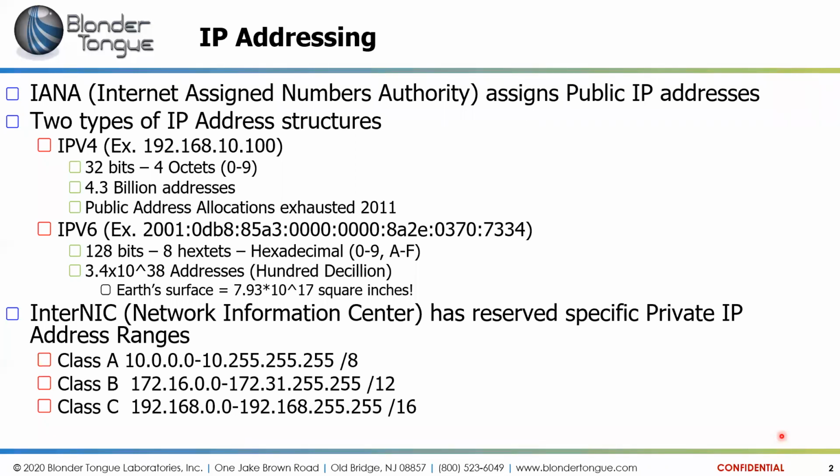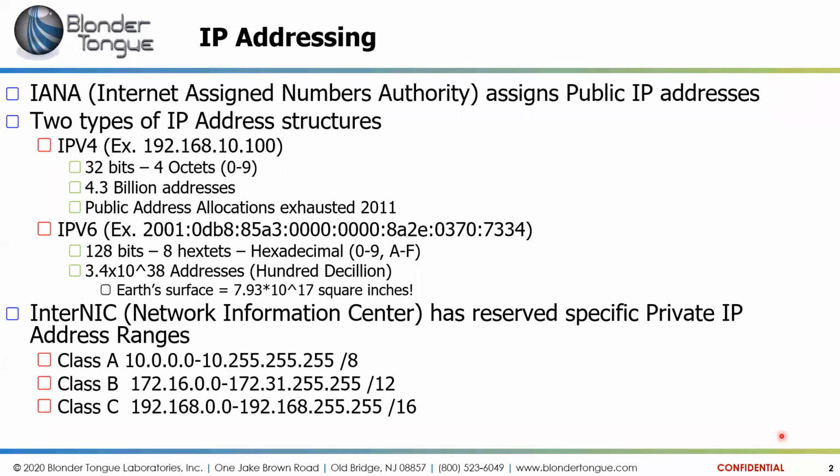It's a much larger address. You can see the example there. I'm not going to read it all out, but it contains 128 bits instead of 32. So there are 8 groups of hextets, what they call hextets because they're hexadecimal numbers, which include 0 through 9 and A through F in the address.